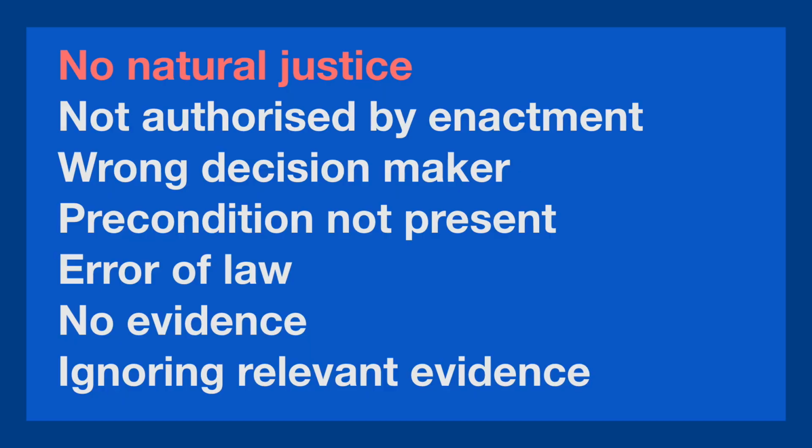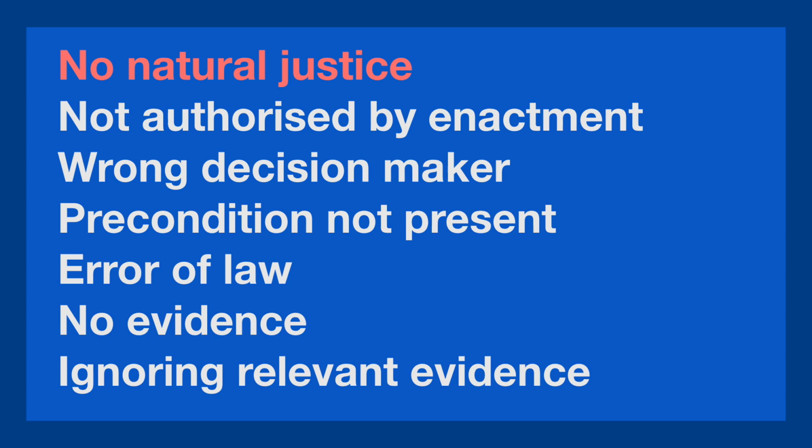Okay, now this has been a huge week of material. We've looked at a heap of different grounds for review over the last 3 weeks. We know that decisions are invalid if natural justice is not given to anyone whose rights, interests, or legitimate expectations will be affected.